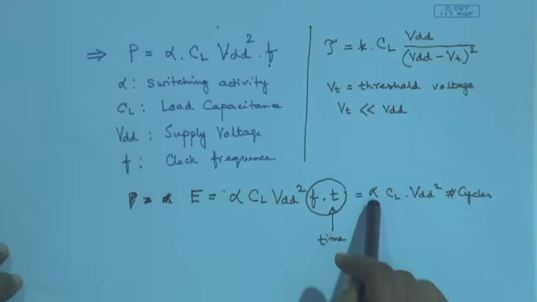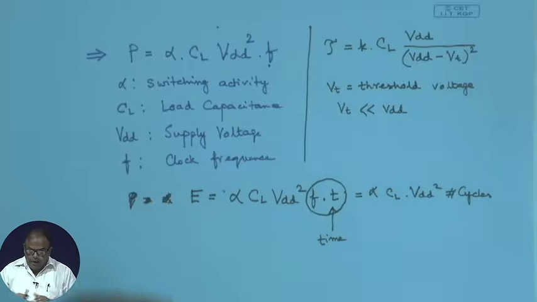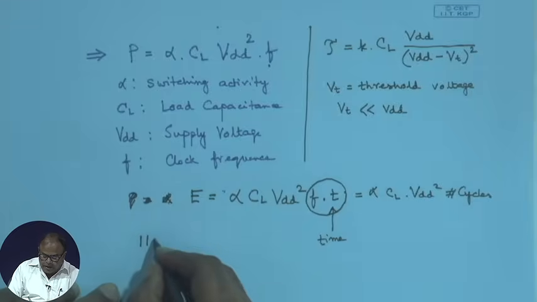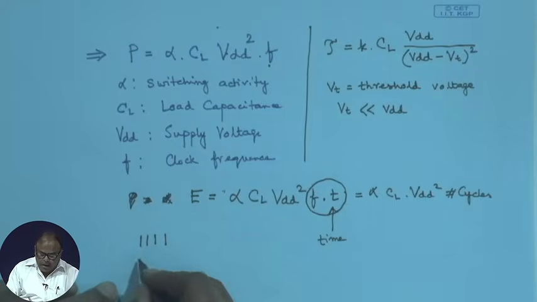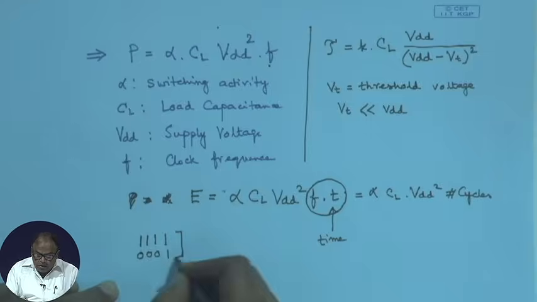Now, again alpha is the switching frequency. Just giving you an insight, if I have 1111 as one instruction, and immediately after that the next instruction is 0001, that is situation 1.